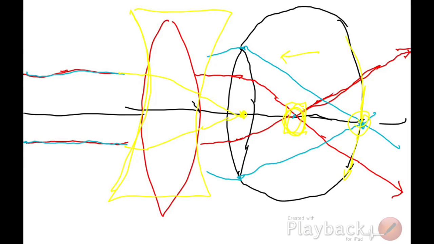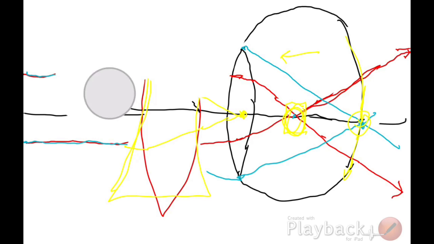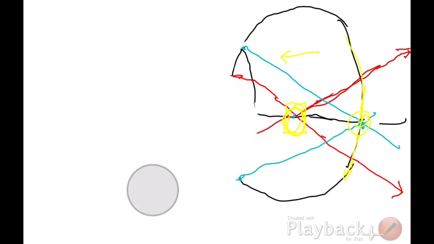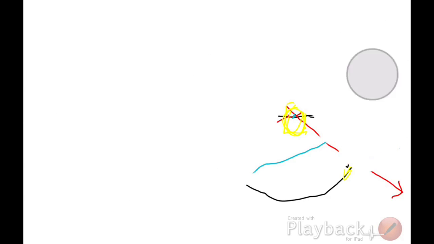So people that are nearsighted have lenses for their eyes shaped with a concave, meaning the center of those lenses are typically shaped like this, where they're thinner in the middle and thicker on the edges.